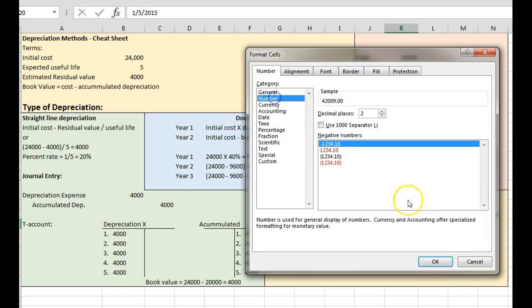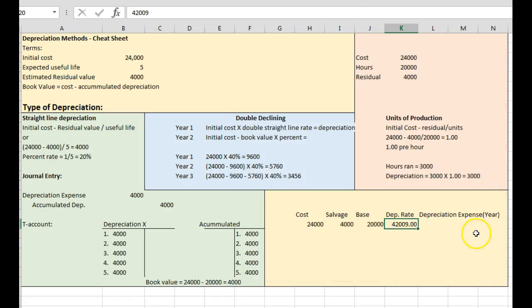So it's 1 out of 5 years. I can divide 20,000 by 5 and come up with that, or I can make this a percent and multiply it times the 20,000 and come up with the depreciation expense.